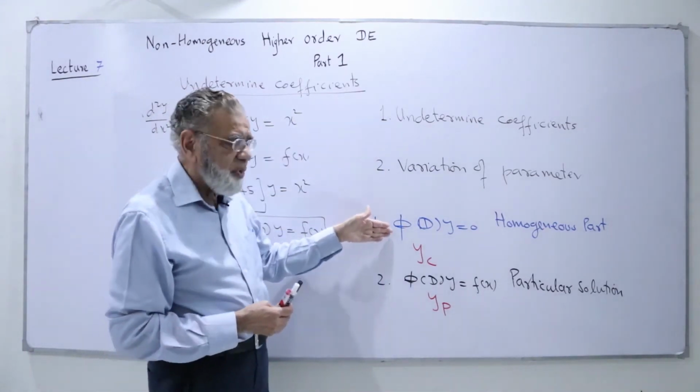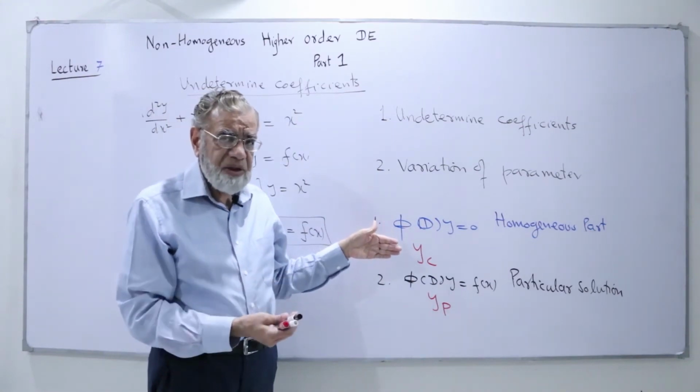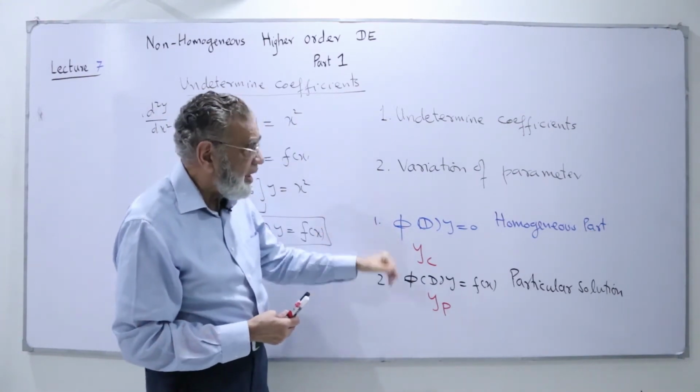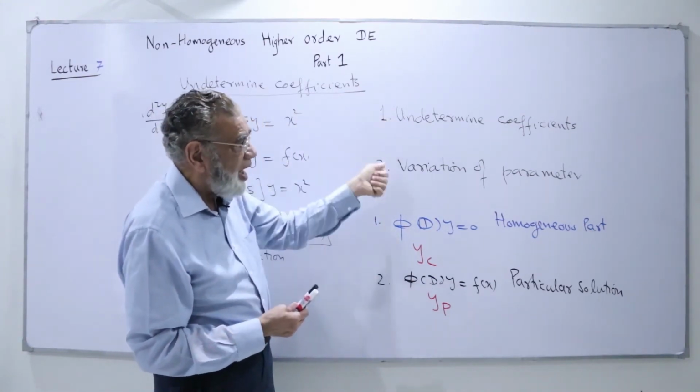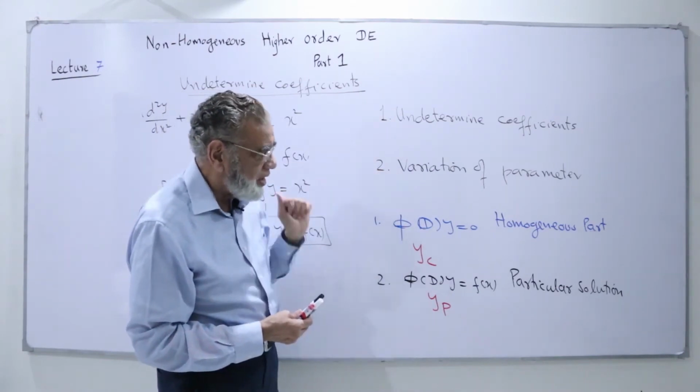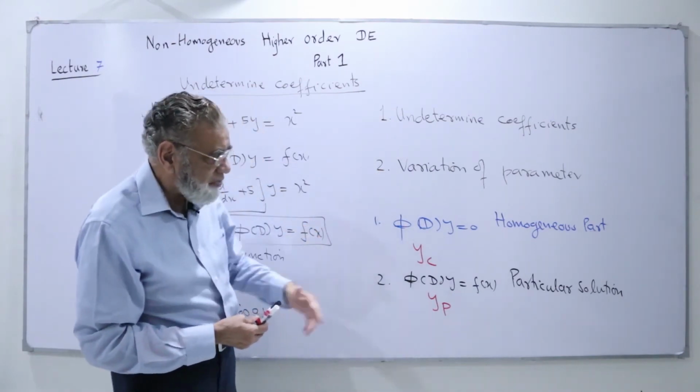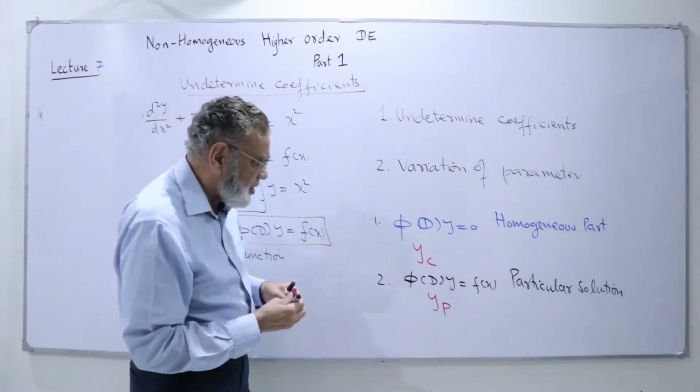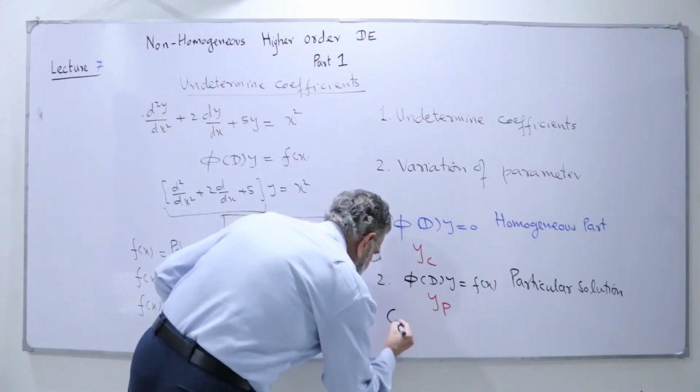For the first part we put y equal to e to the power mx and solve it. And for this one, we go to undetermined coefficients or, depending upon the function, to variation of parameters, and solve it to get yp. Then this gives me the general solution.